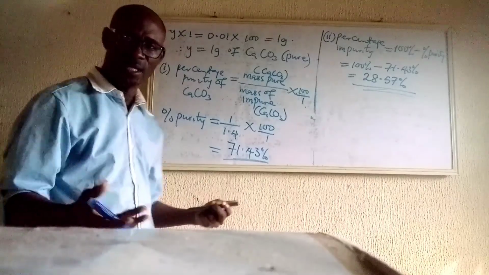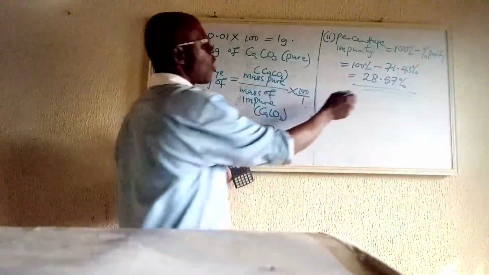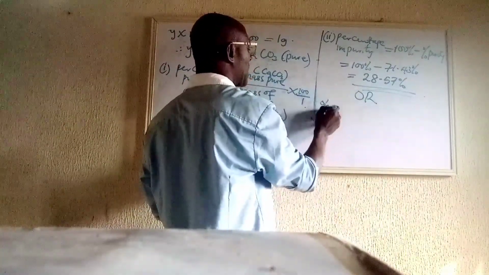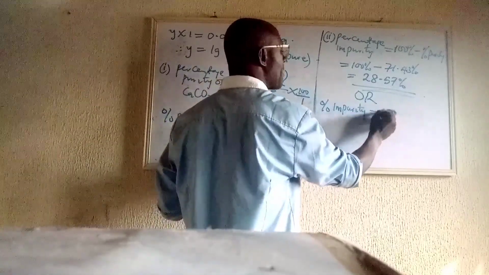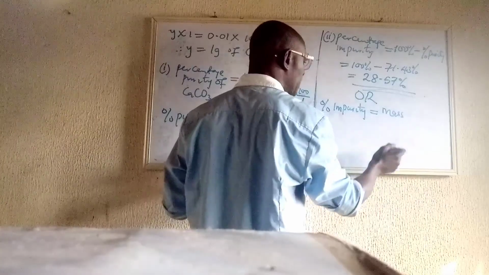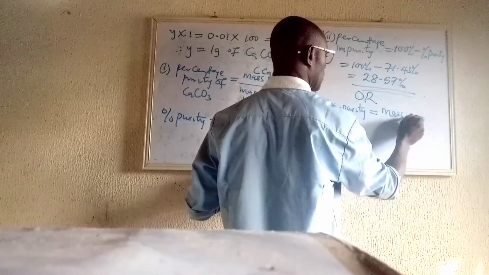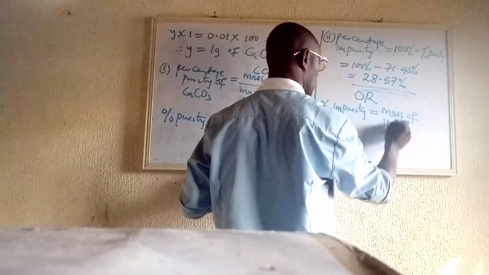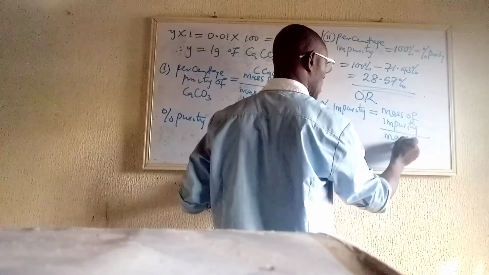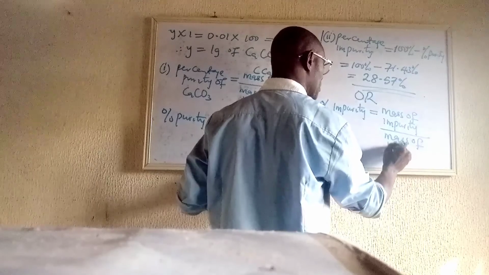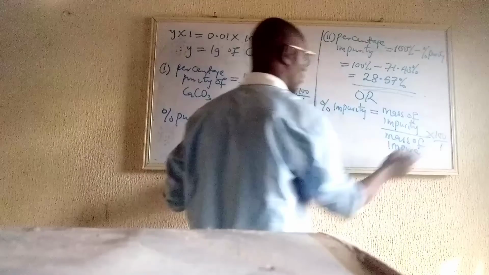But for confirmation, let's see how we can use another formula also to get it. Alternatively, percentage impurity equals mass of impurity over mass of impure, times 100 over 1.